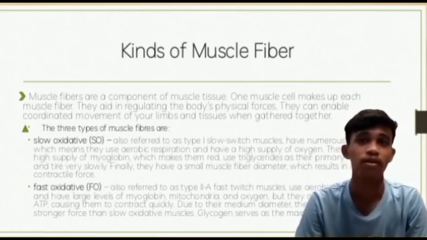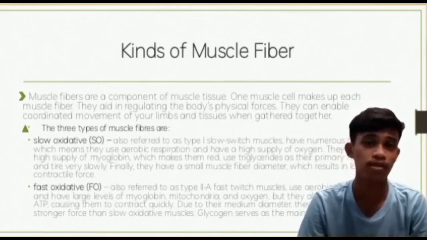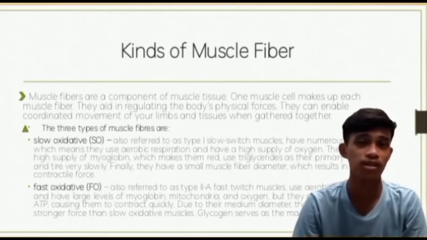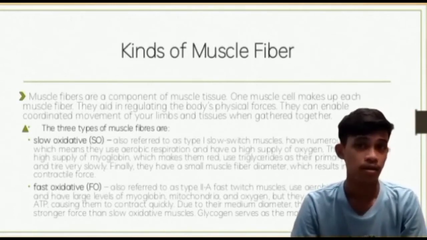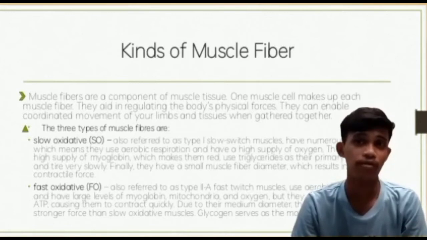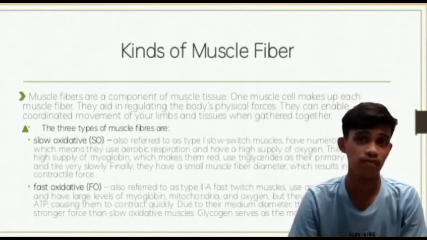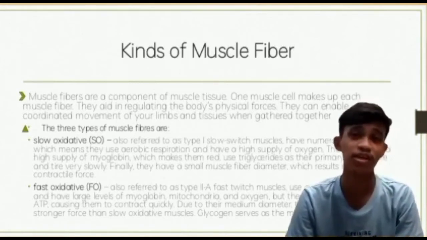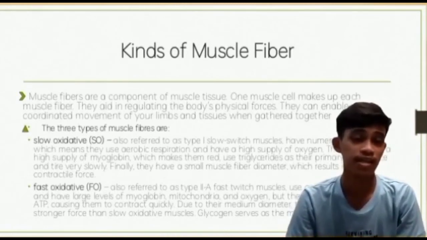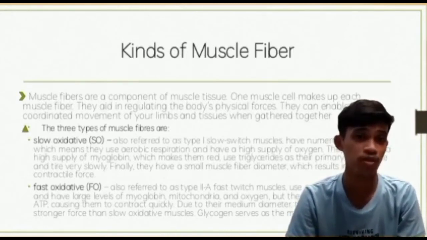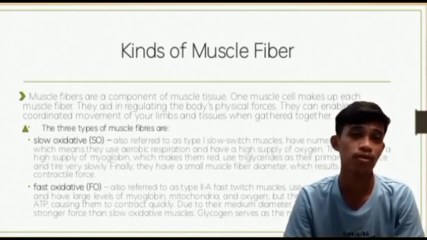Fast oxidative, or FO, is used in middle distance activities like running or swimming a 400-meter race. Fast oxidative muscles are chosen since they tire slightly quicker than slow oxidative muscles do.